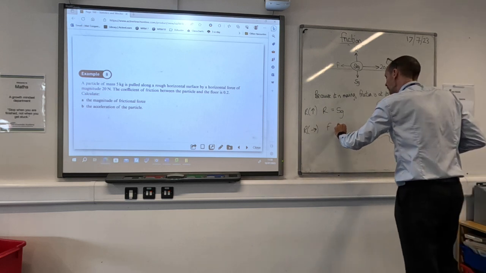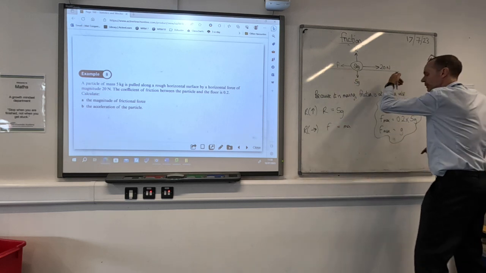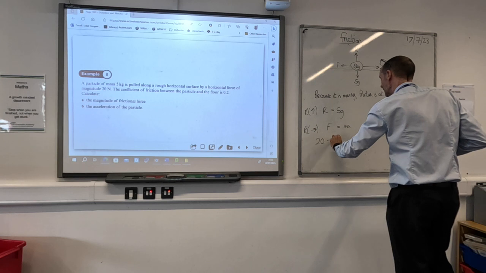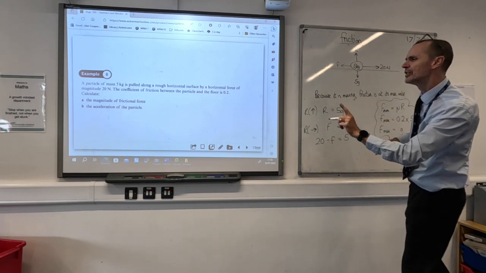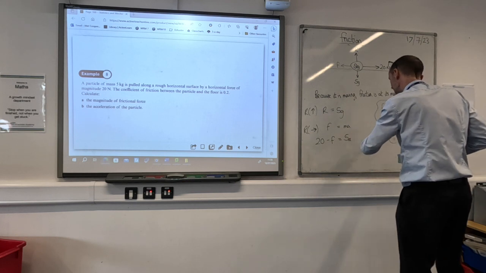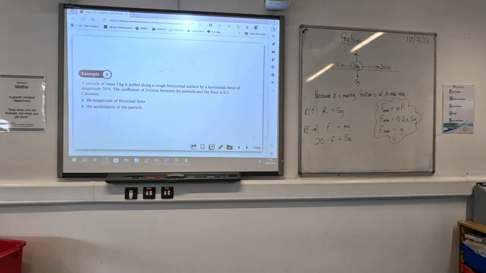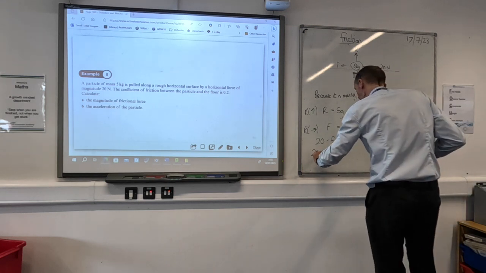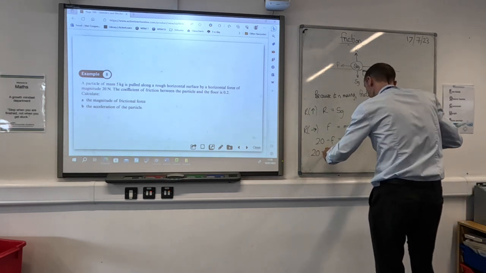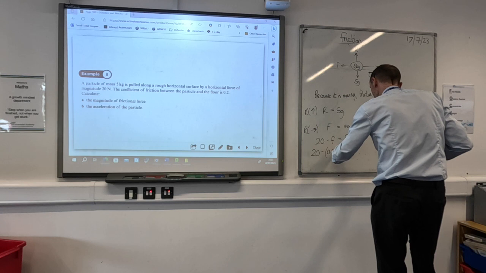So if we're going to use F equals ma, I've got a 20 Newton force pulling it that way. I've got friction opposing that. It weighs 5 kilograms, and we've got to work out the acceleration. Because it's moving, I know that F has reached its maximum value, so that's going to be 0.2 times 5g.